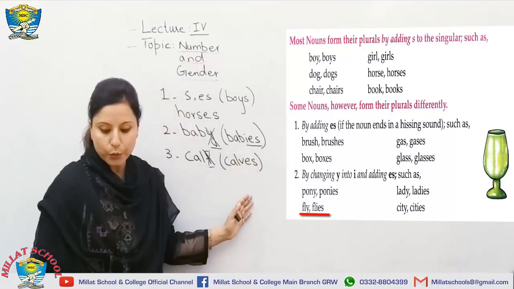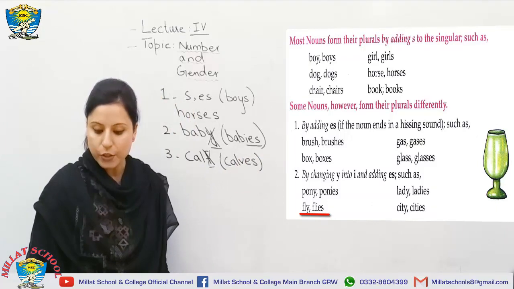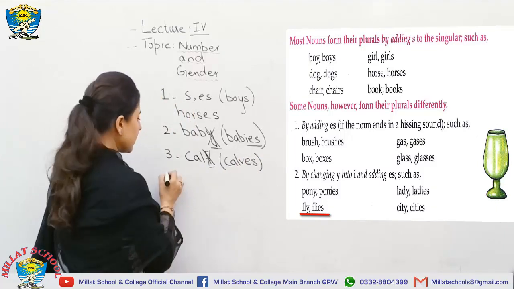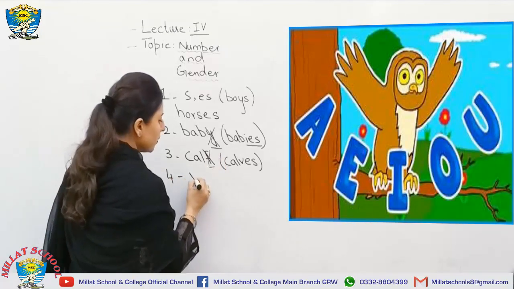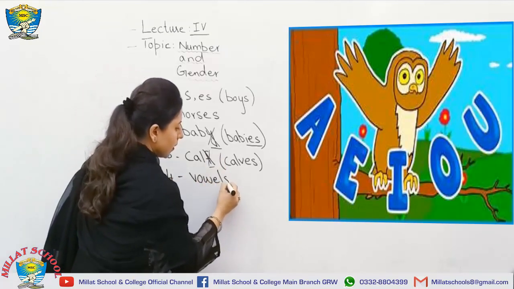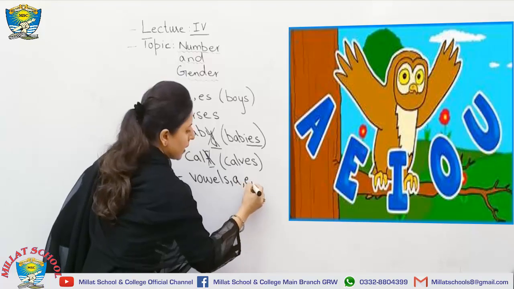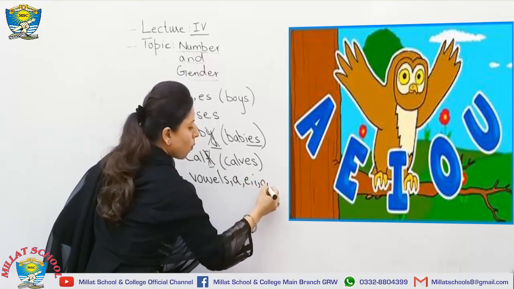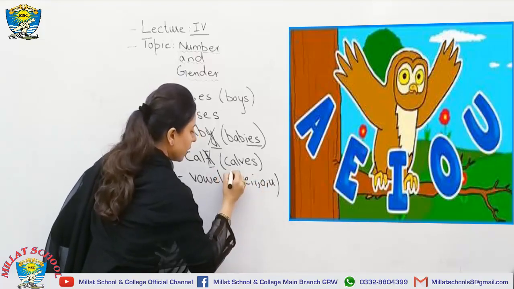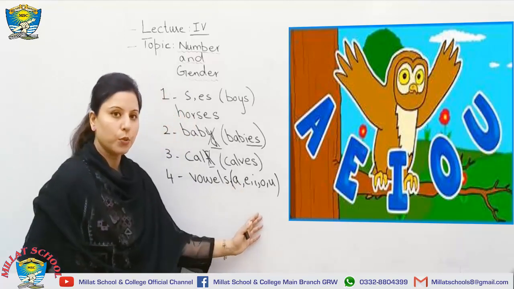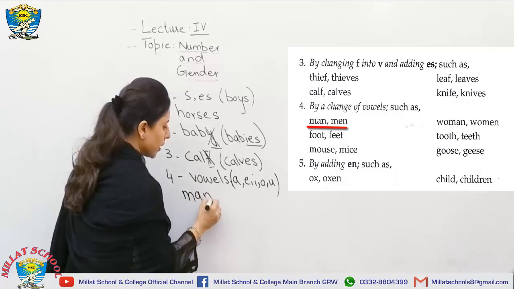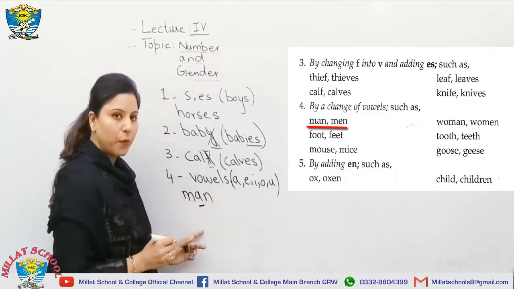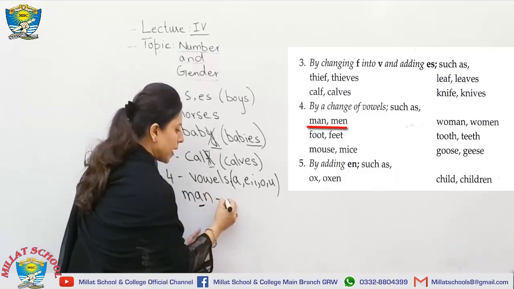The fourth rule is by a change of vowels. This is very interesting. We all know what the vowels are. Vowels are the letters A, E, I, O and U. These are the 5 vowels. And how are you going to change them? If there is a vowel in between any word, you will just replace it.